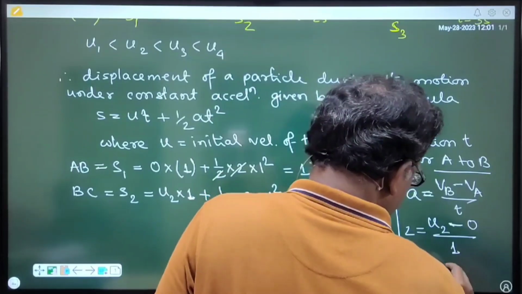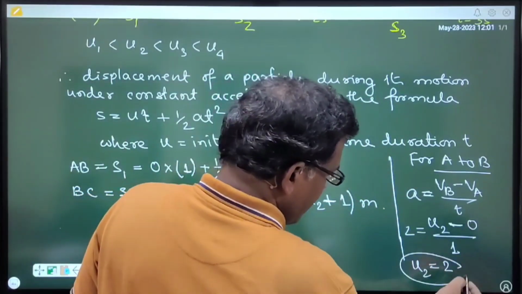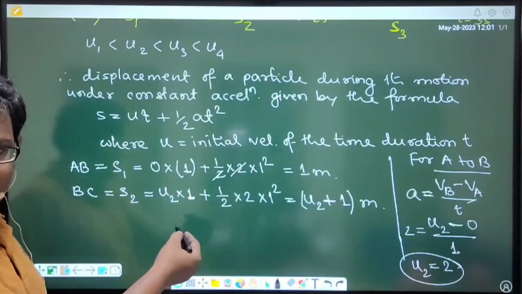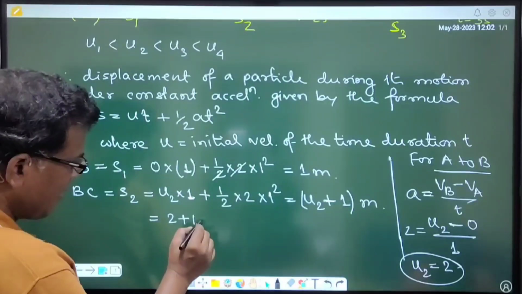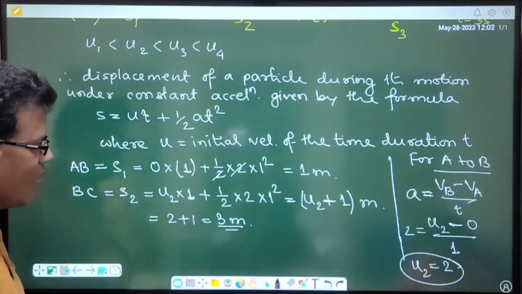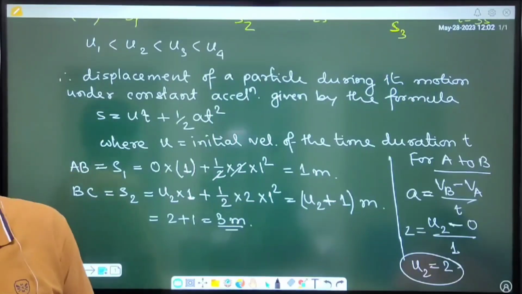So this result of velocity u2 we can substitute here. Therefore now S2 is 2 plus 1, that is 3 meter. So in the first 1 second, the displacement of the particle was just 1 meter. In the second 1 second, the displacement of the particle is found to be 3 meter.